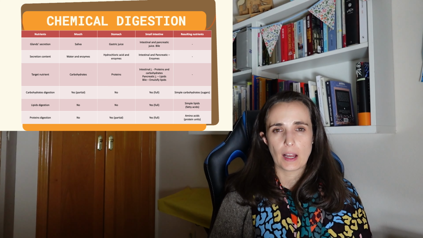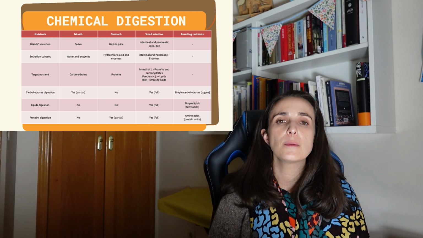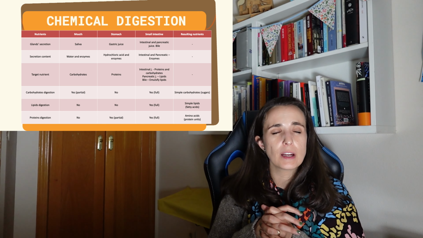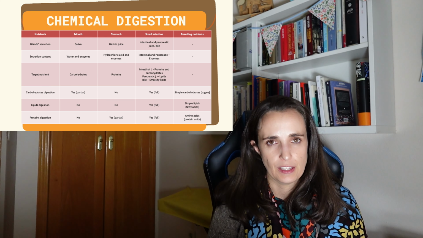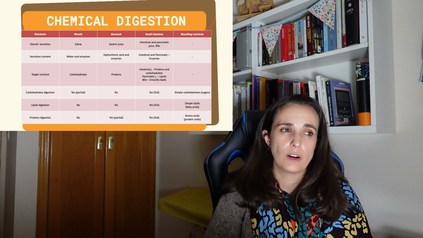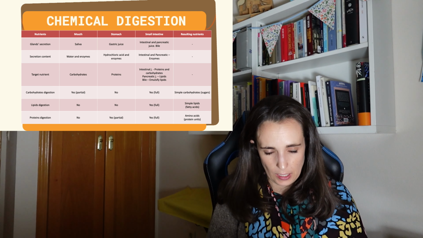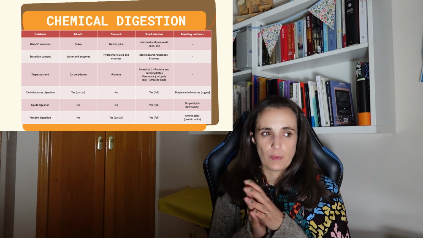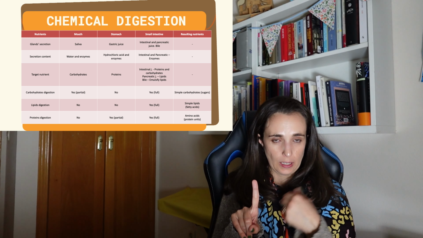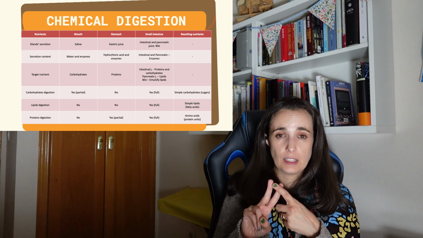So these enzymes will digest the proteins, specifically in the stomach, in an environment with very high acidity. And finally, in the small intestine, we have intestinal and pancreatic enzymes that are able to finish digesting. On the one hand, the intestinal juice will finish digesting the proteins from the stomach and the carbohydrates from the mouth that started being digested there.